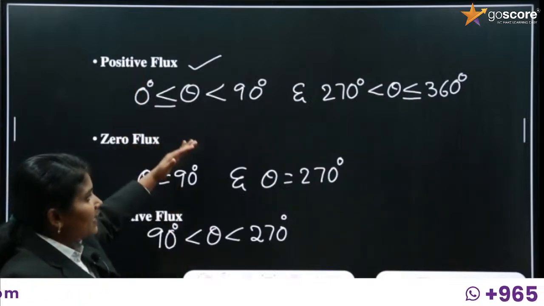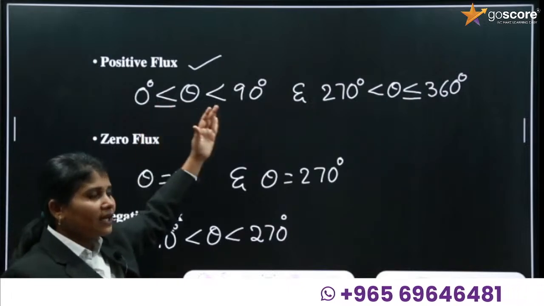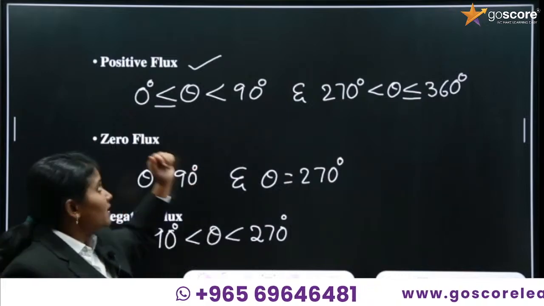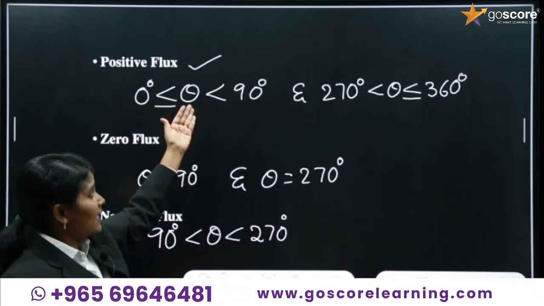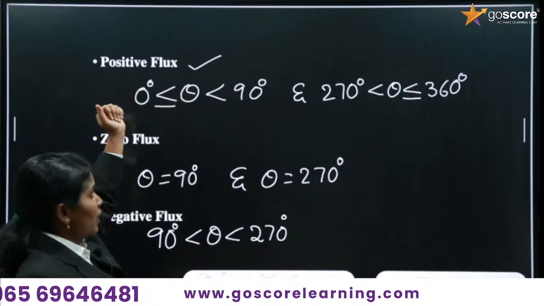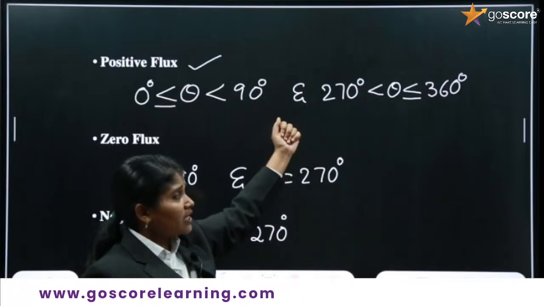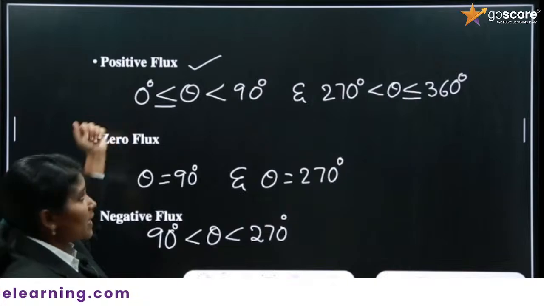So you understand guys? Totally, flux depends on the angle between the area vector and magnetic field. Theta greater than or equal to 0 degrees and less than 90 degrees, positive flux. Theta greater than 270 degrees and less than or equal to 360 degrees, positive flux.